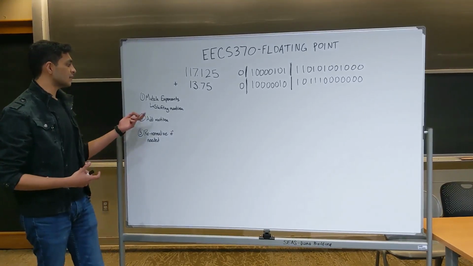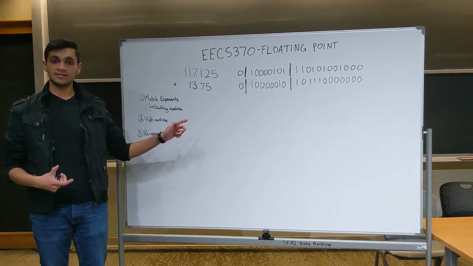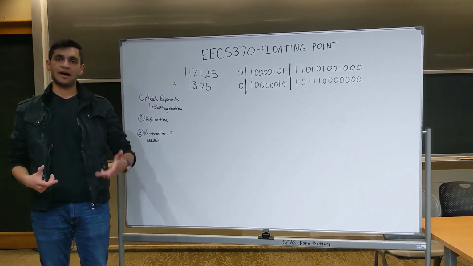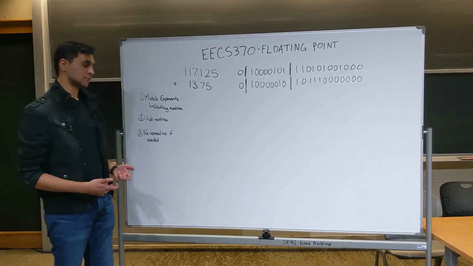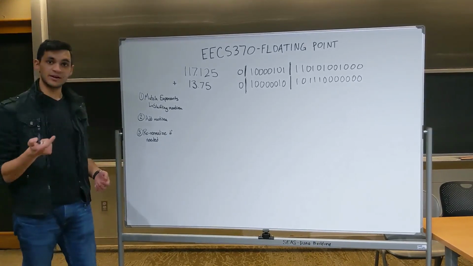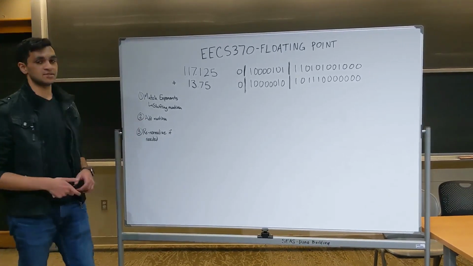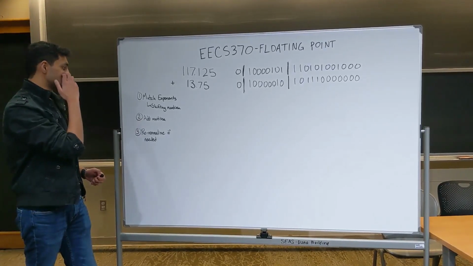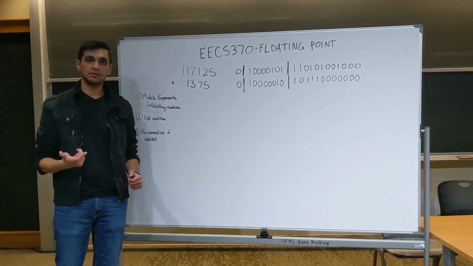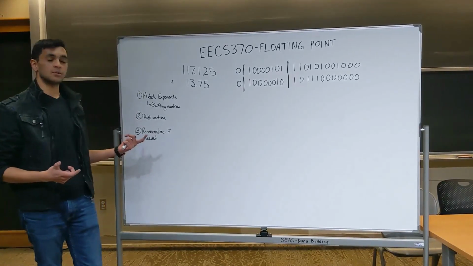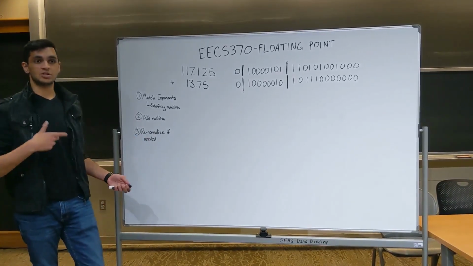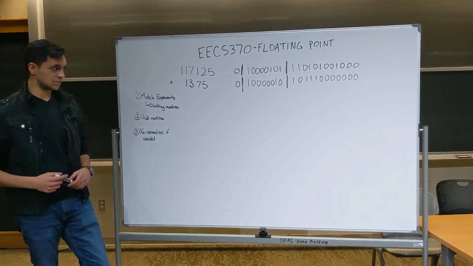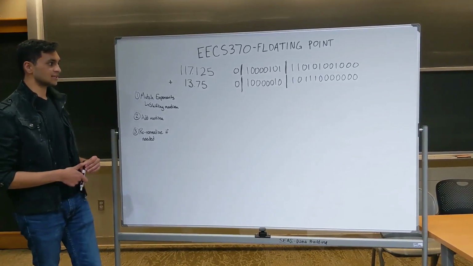If we do that, we end up shifting the mantissa a certain amount to account for the fact that the exponent has changed for one of the numbers. Once we've done that, we can take the two mantissas and just add them, and that's normal binary addition. Finally, we take the resulting number and see if we need to renormalize it, just like we did with multiplication.